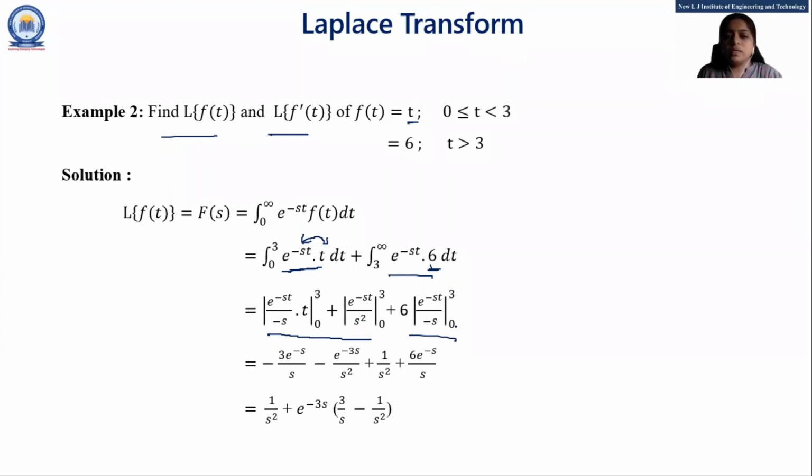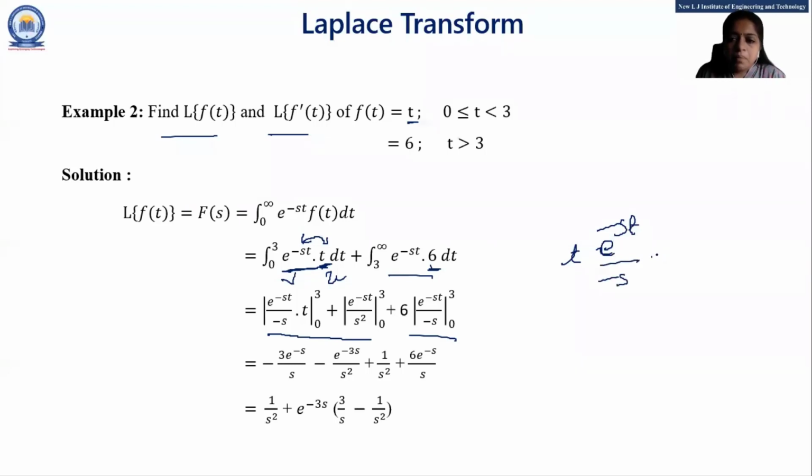Any doubt about the integration, students? You have to apply the UV formula for the integration. At that time, this t is your u, and this e raised to minus st is v. You have to put u, keep it the same, meaning t, and the integration of e raised to minus st is e raised to minus st upon minus s.